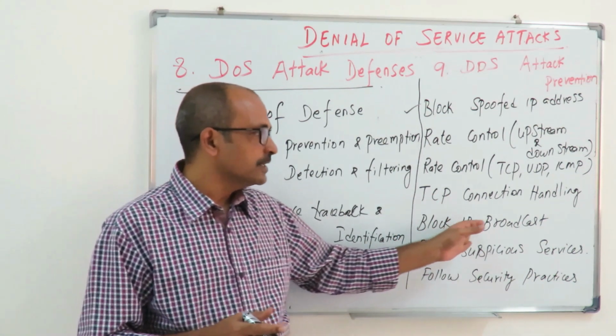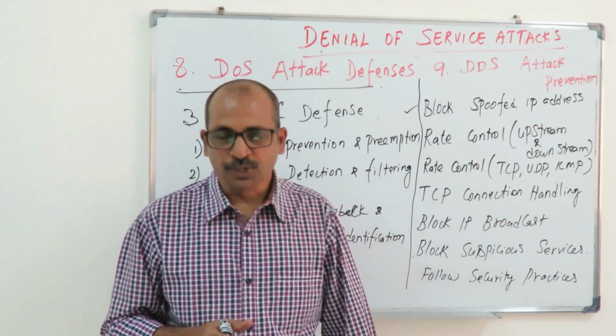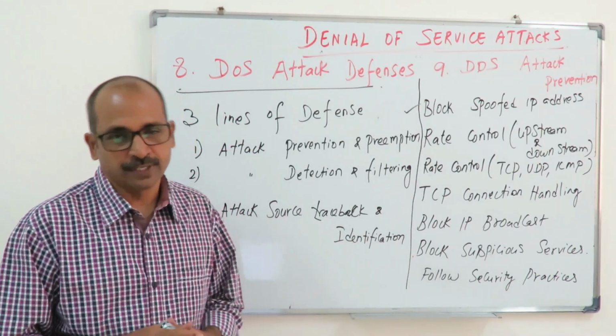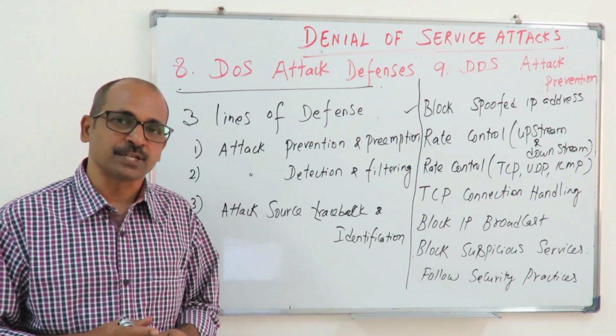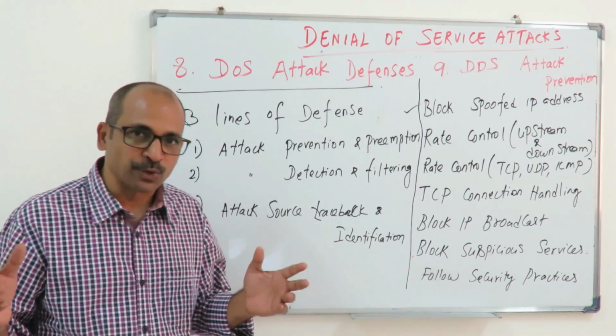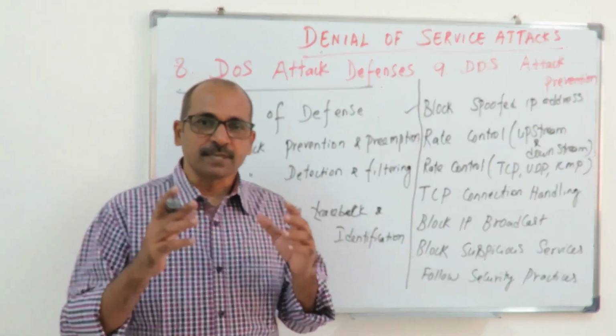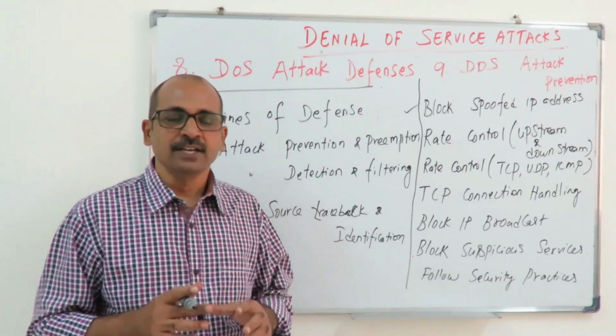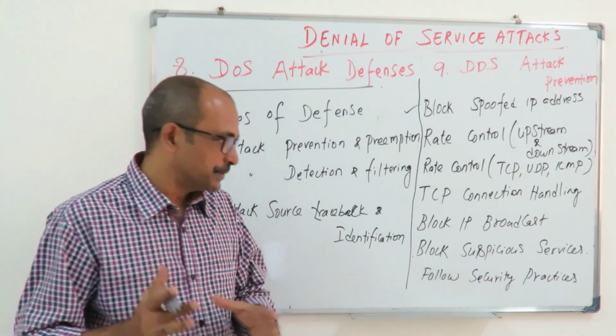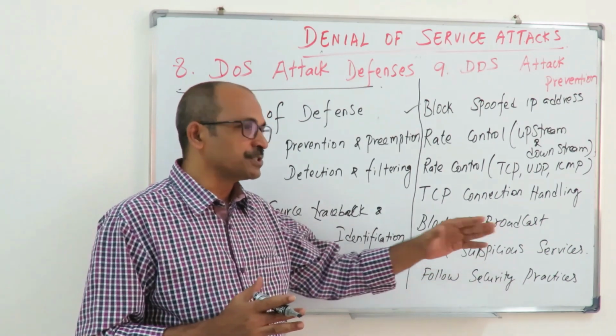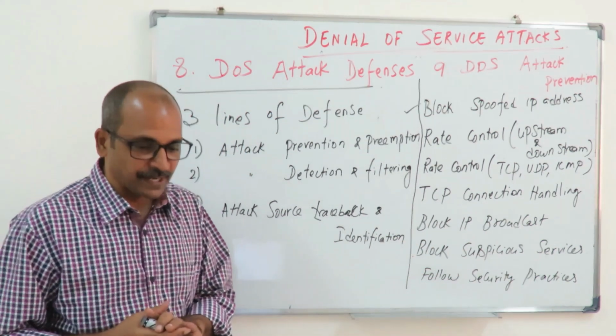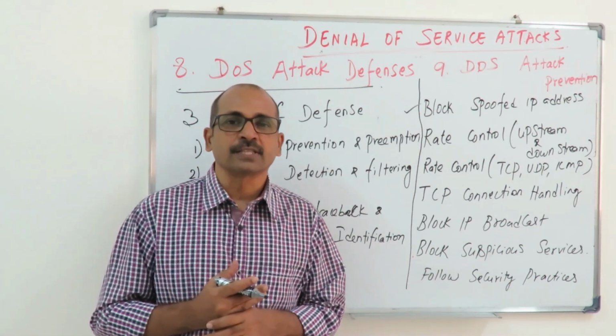Next one, block the IP broadcast. If your network is an IPv4 network, the broadcast packets should be limited. If you have an IPv6 network, no problem, because you are not going to have a broadcast there. Then block the suspicious services which are running. This is something regarding the port numbers.